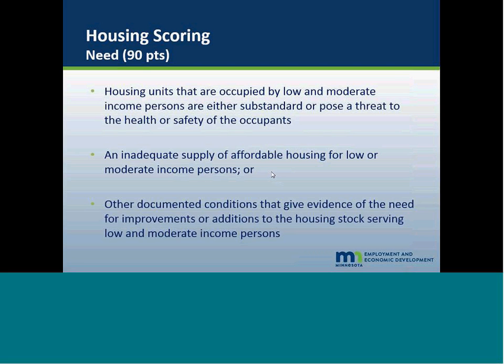If there is an inadequate supply of affordable housing for low and moderate income persons. Also, any other documented conditions that give evidence of the need for improvements or additions to the housing stock to serve low and moderate income persons. I want you to concentrate on that because there's 90 points. So that's a big chunk.